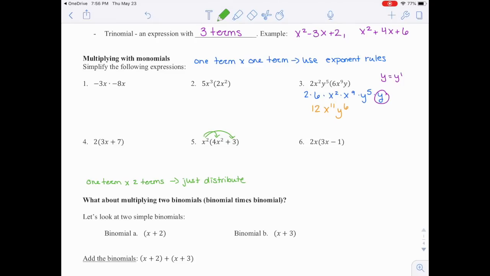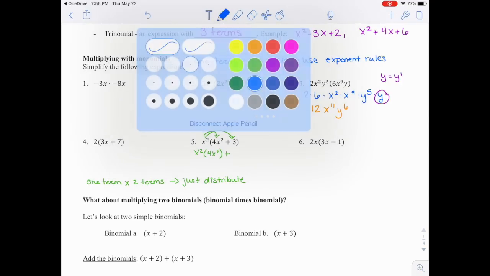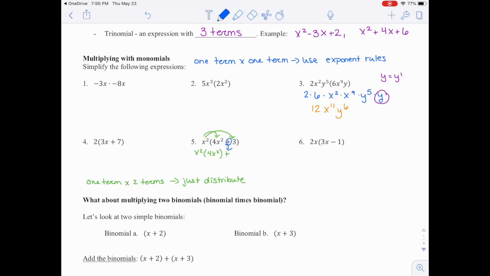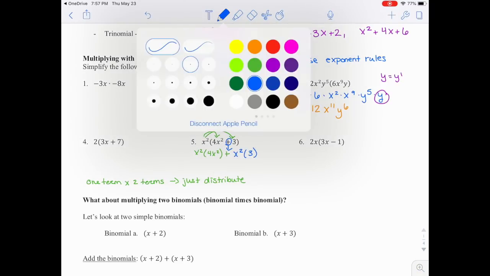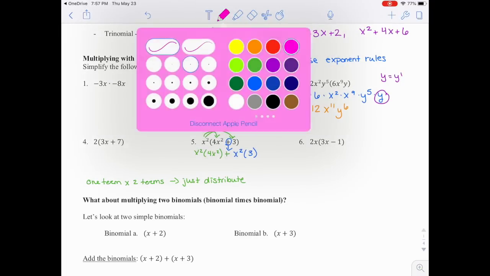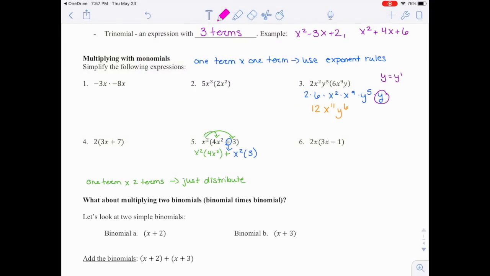So I'm going to do x squared times 4x squared plus, because I got to bring down this plus sign, x squared times, oops, that's a cubed, x squared times 3. And just multiply those terms. So x squared times 4x squared is 4x to the 4th and 3x squared. And that's your answer.